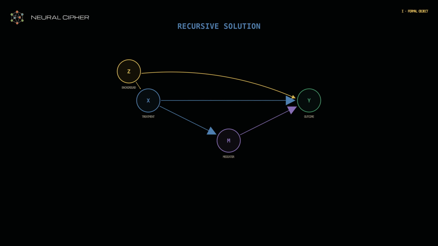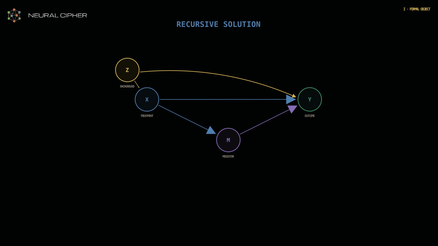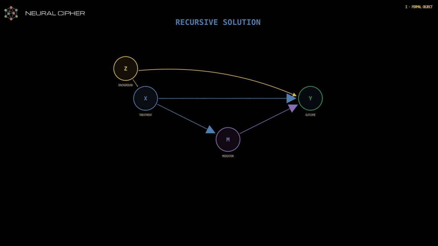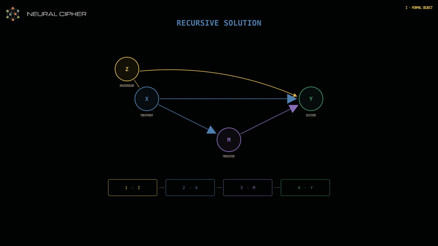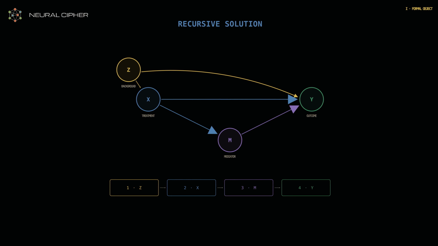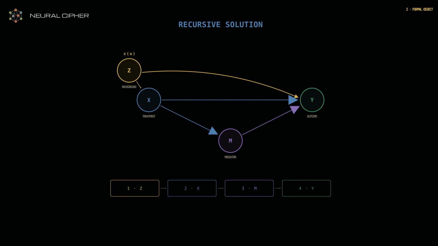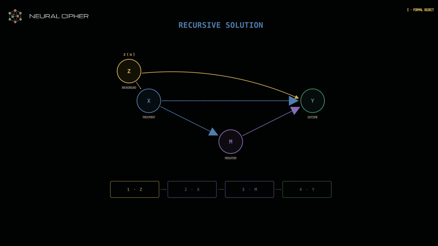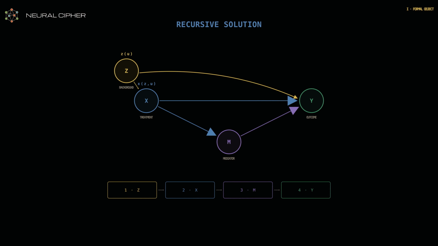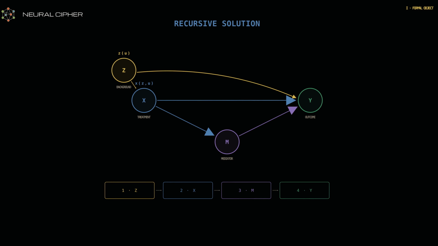In a recursive SCM, the induced directed graph is acyclic. Its vertices admit a topological order, and the solution is obtained by substitution along that order. In the running system, evaluate Z from its exogenous input, then X from Z, then M from X, and finally Y from X, M, and Z. Every structural map is evaluated exactly once after its endogenous parents are known.